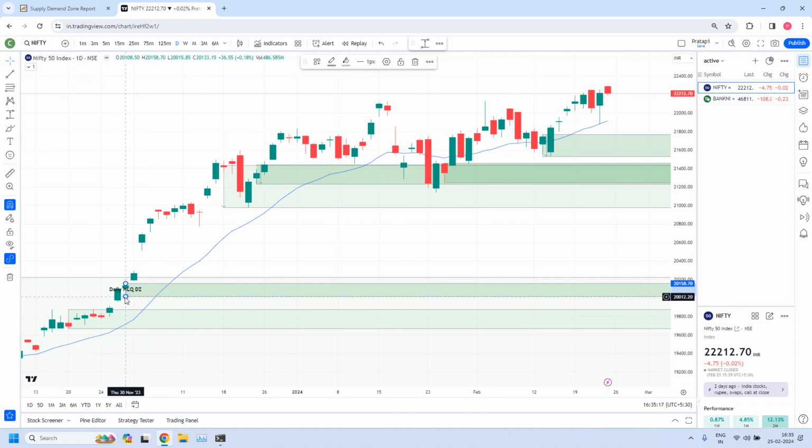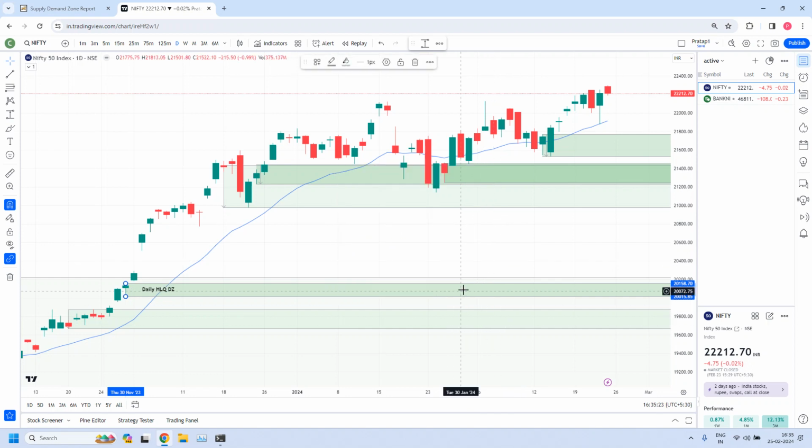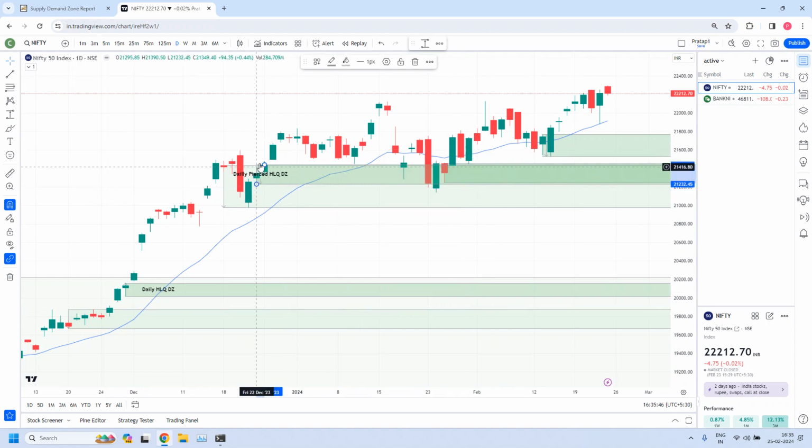This is the one. And this one is a daily zone. Actually this is a high liquidity zone but pierced. The pierced high liquidity zone.